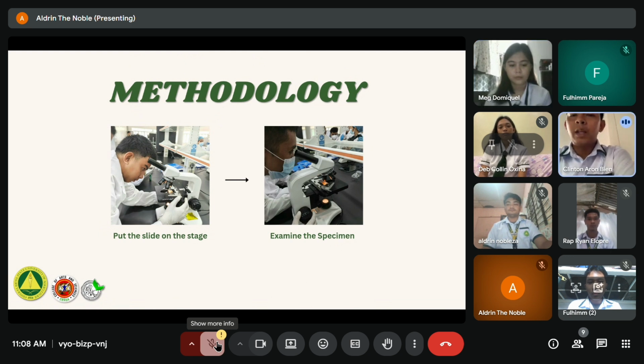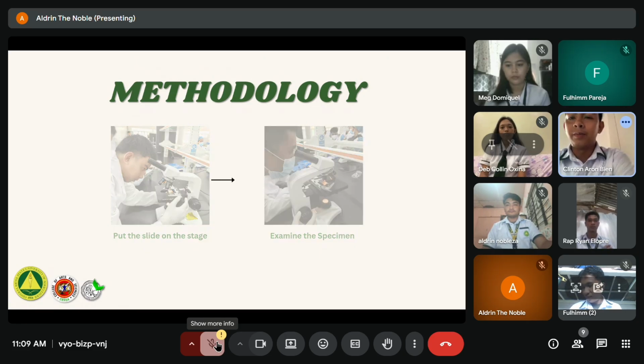Good morning, I am Clinton Aron and I will be discussing the next slide of this methodology. Put the slide on the stage of the microscope, then examine the specimen of our onion root. Next slide.